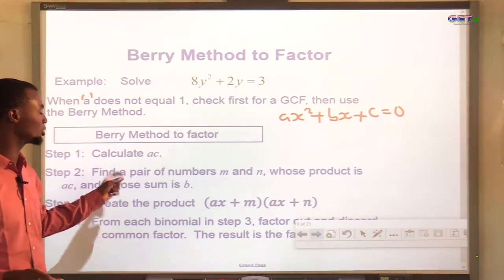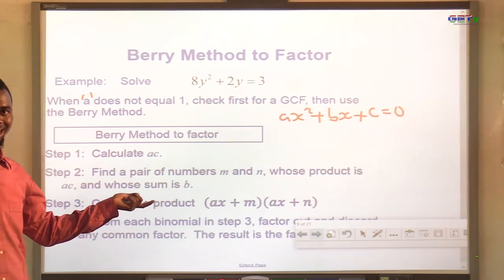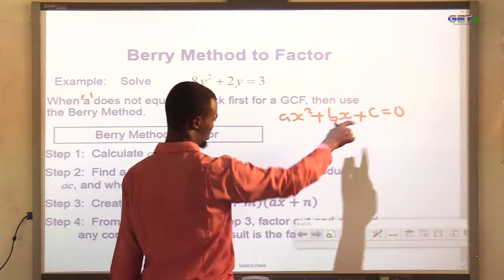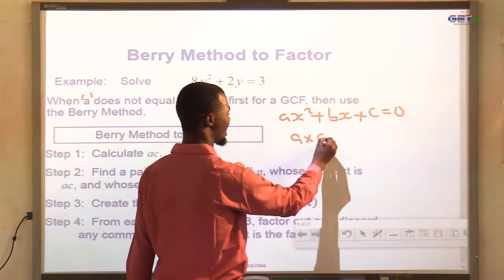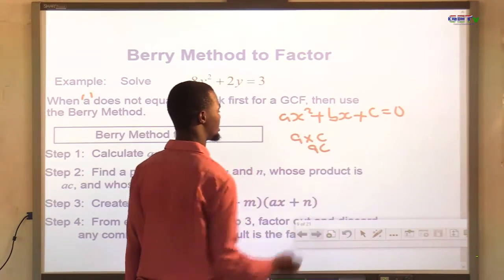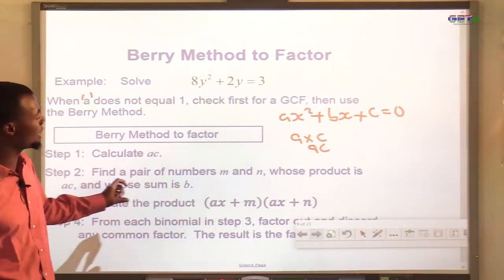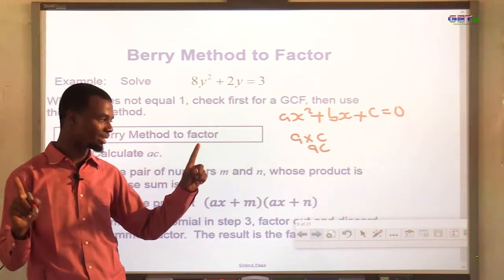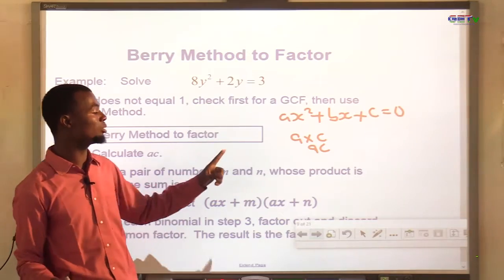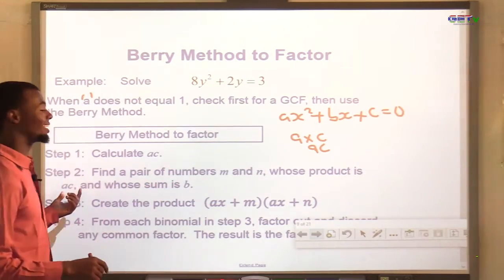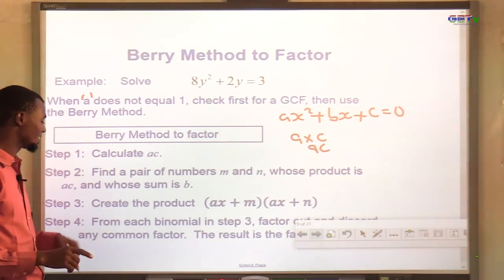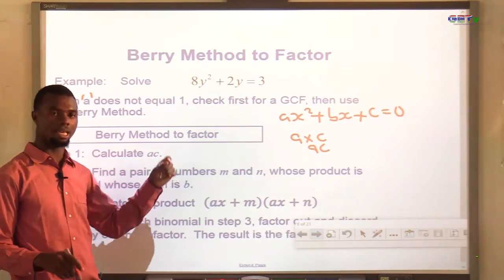So Berry method first, you find AC. What is AC? The product of this one and this one. AC is the same as a times c. Find a pair of numbers, that is m and n, meaning you should find two numbers, m and n, whose product is AC. If you multiply the two numbers, you have AC, and whose sum is b.